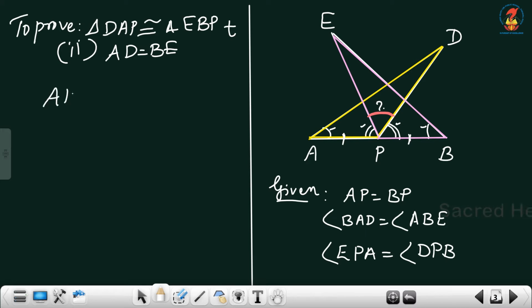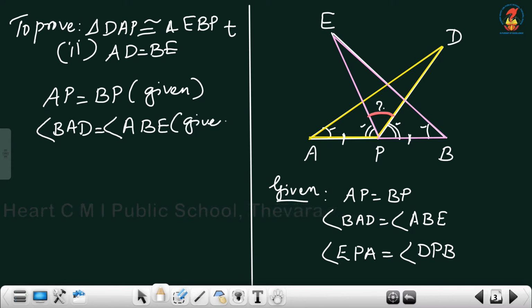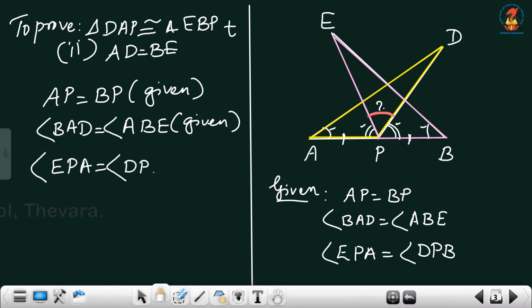What is given first is AP is equal to BP, and angle BAD is equal to angle ABE, that is also given, and the last one given is angle EPA is equal to angle DPB.